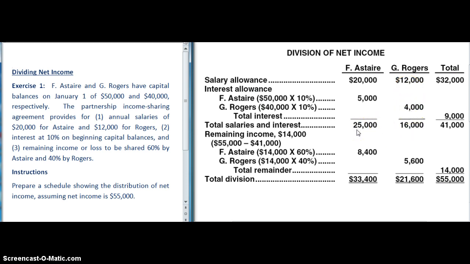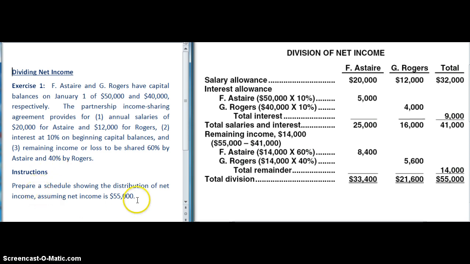So the total salaries and interest for both the partners is 25,000 plus 16,000, which is a total of 41,000. Note that horizontally 25 plus 16 is 41, and also vertically 32,000 plus 9,000 is 41,000.